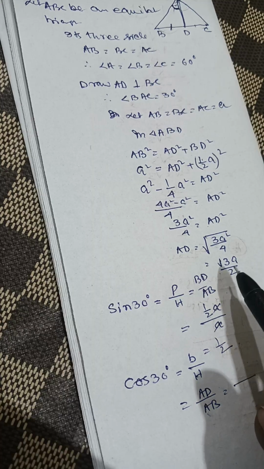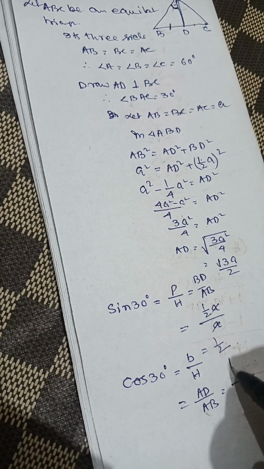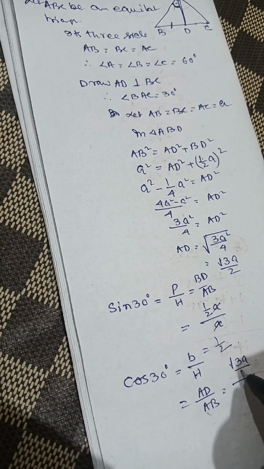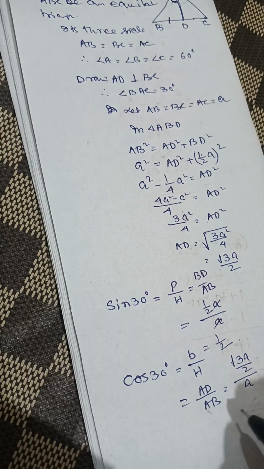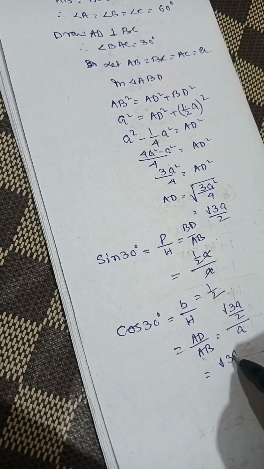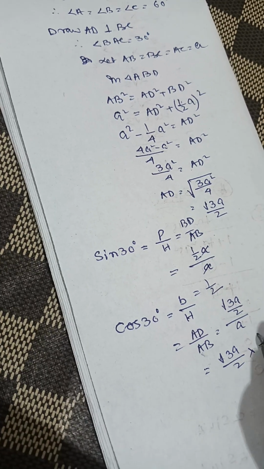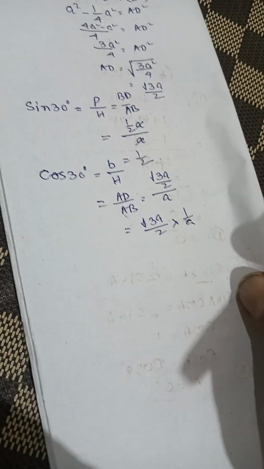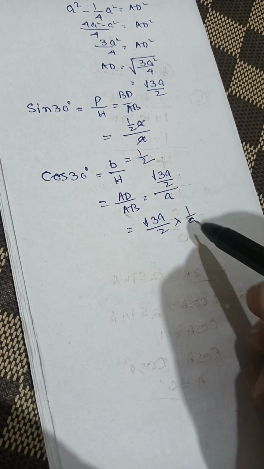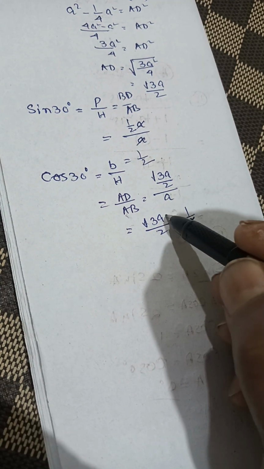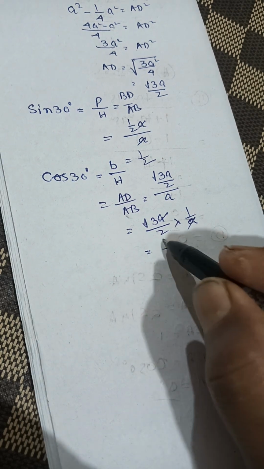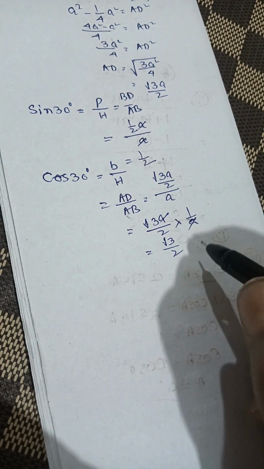We have just calculated here AD is root 3 A by 2 and AB is A. So it can be written as root 3 A by 2 into 1 by A. Since it is divide, it reverses. So A cancel. It becomes root 3 by 2. Cos 30 is root 3 by 2.